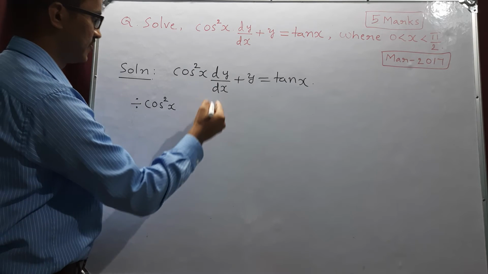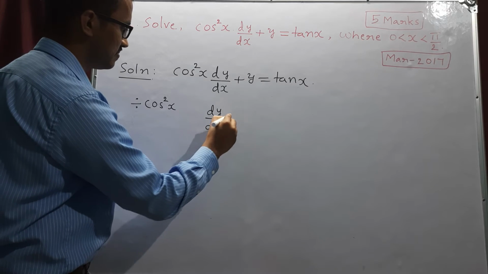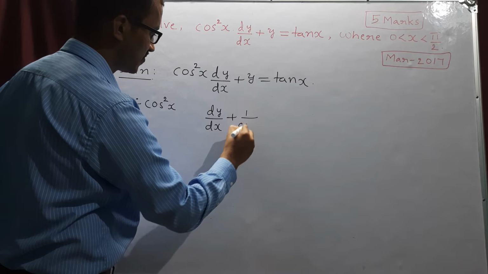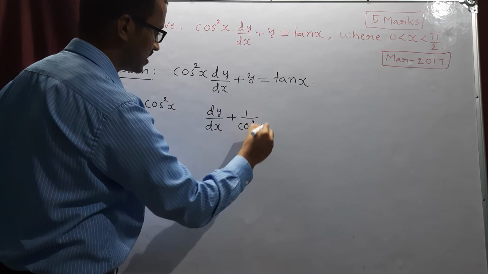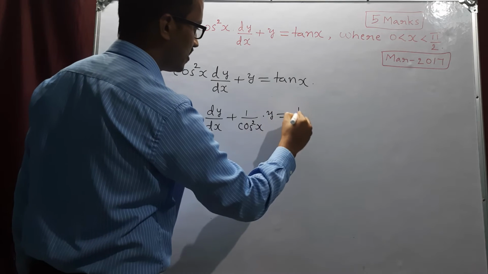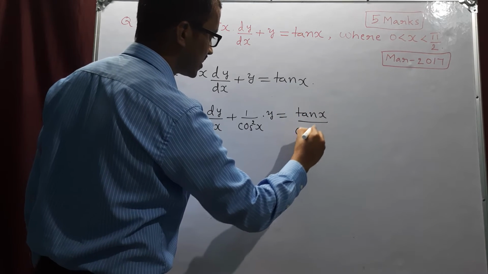So dividing both sides of the equation by cos square x, cos square x will get cancelled. So that is 1 into dy by dx plus 1 divided by cos square x into y is equals to tan x by cos square x.